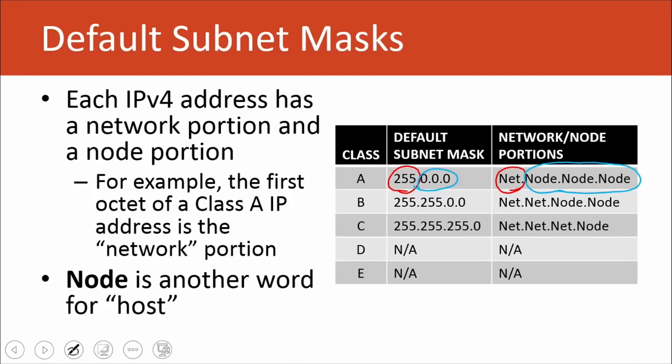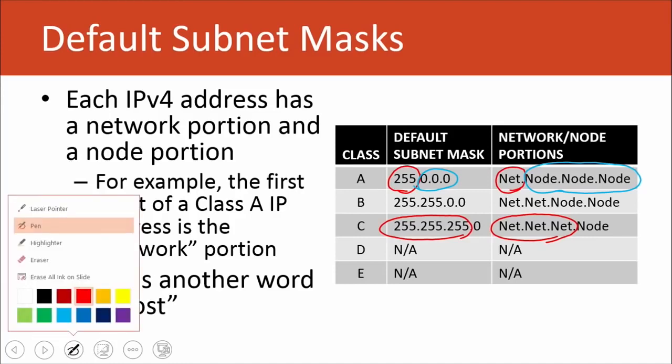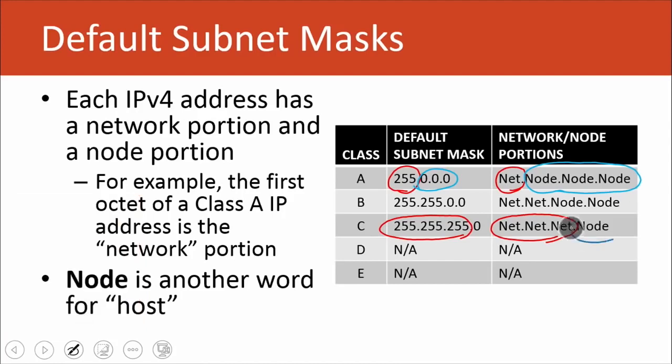So similarly, if we take a look over here at our subnet masks for Class C addresses, the first 3 portions are dedicated to the network. So that information in an IPv4 address is used to identify which network a host or a node belongs to. And then that last portion is to specifically identify that unique device.